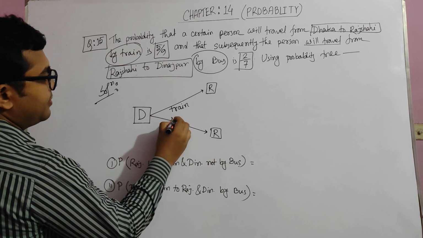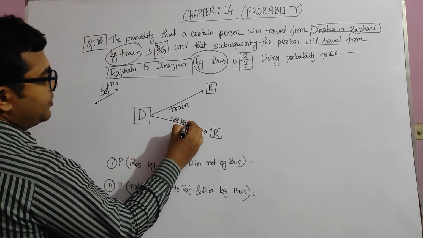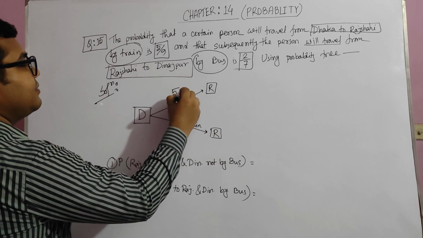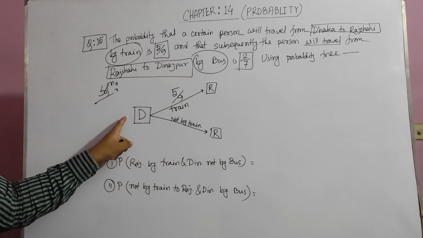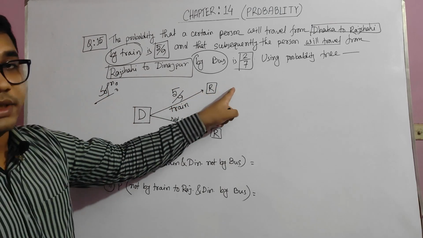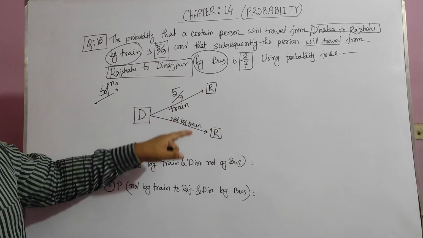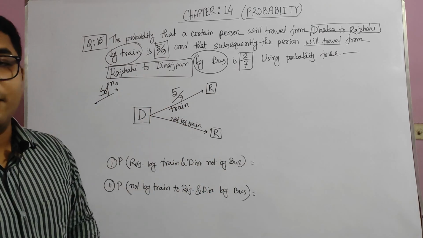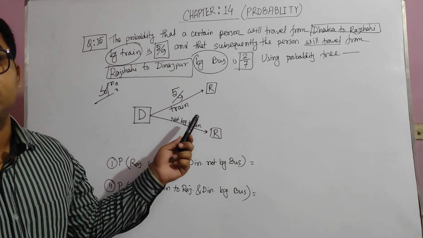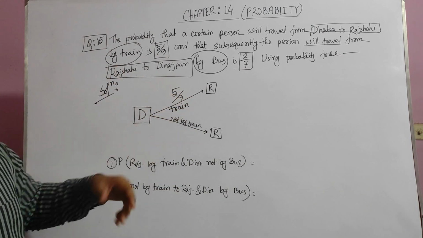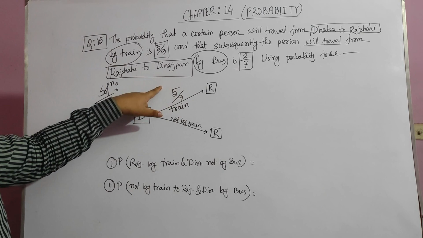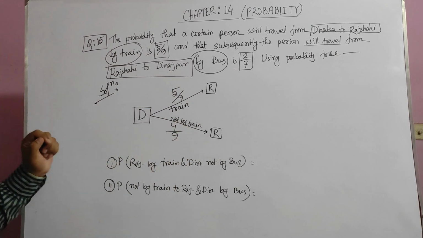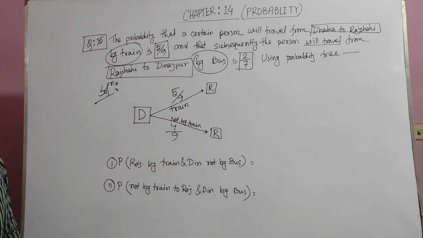Why? Because here the probability is 5 by 9. So when the person travels Dhaka to Rajshahi, that is 5 by 9, that means out of 9 times of travel, they travel 5 times by train, and the other 4 times, the total being 9, is not by train. So 4 by 9 is for not by train.